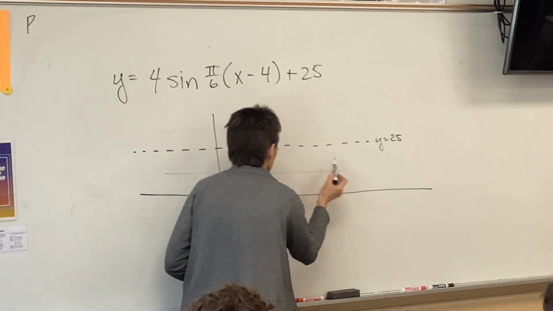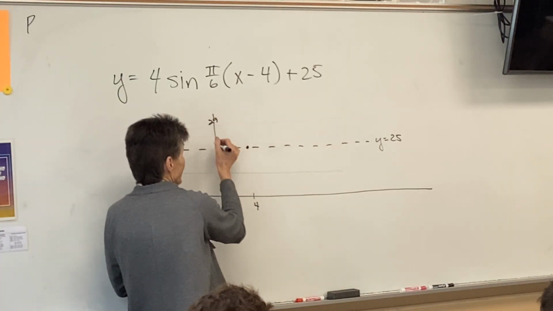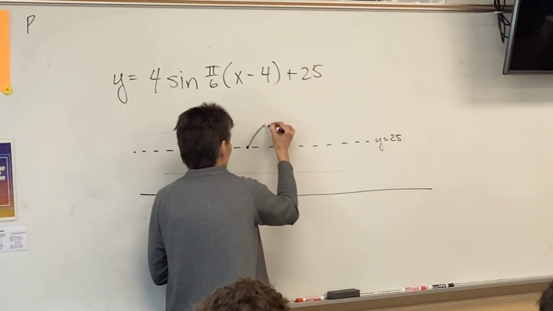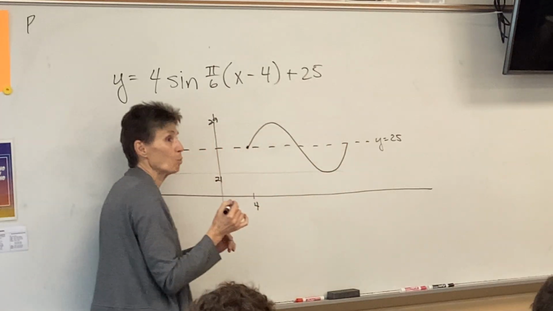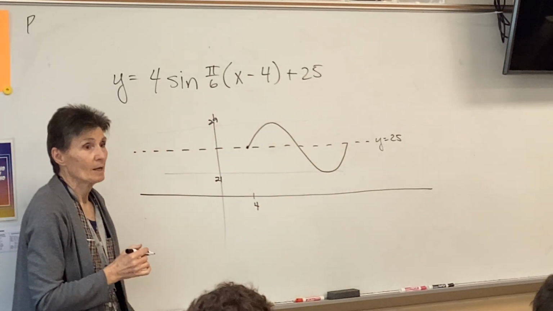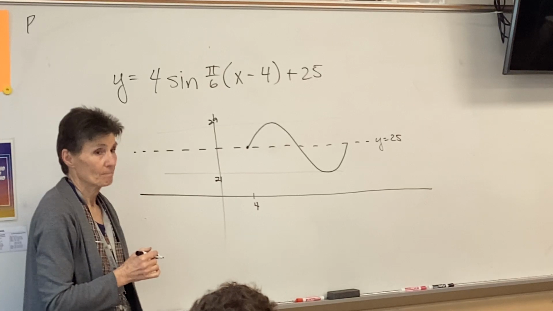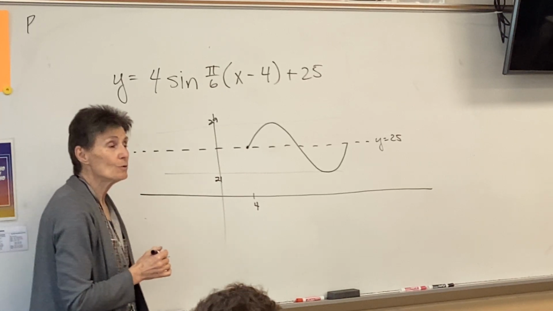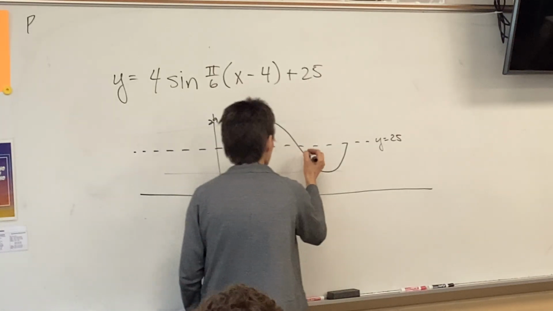You don't have to do this. The scale's all whopper jawed. But this going up, here's 29, up 4, and down 4. So here is my sine curve. Would you agree that that's one period of my sine curve? You okay? You are pretty much done, except we need to label.